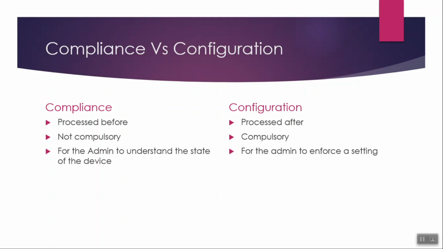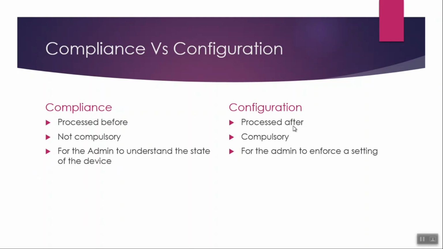Once its device compliance state is evaluated, as in it gets evaluated as compliant or not compliant, after that the further processing of configuration would take place depending upon the compliance state. Device compliance is something which is not compulsory. However, device configuration is something which is compulsory. So I'll explain the difference.